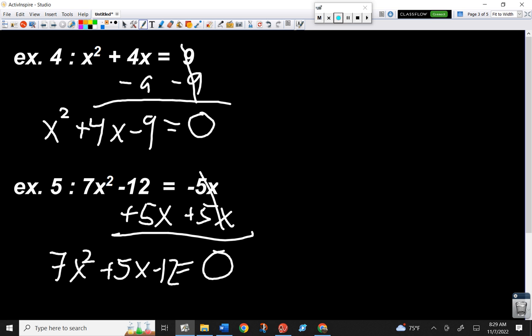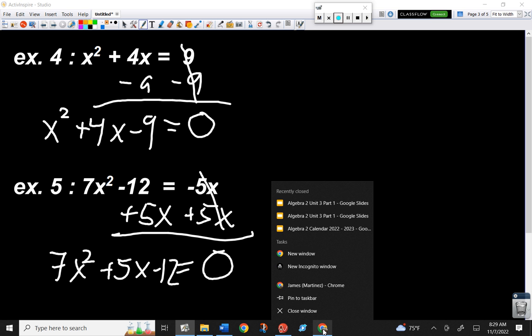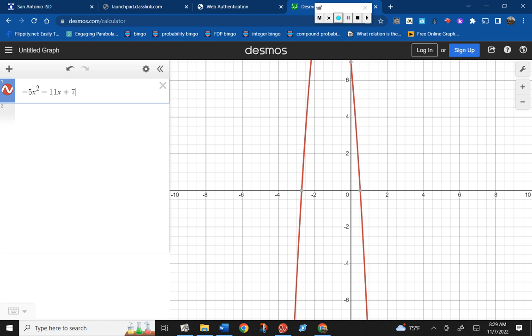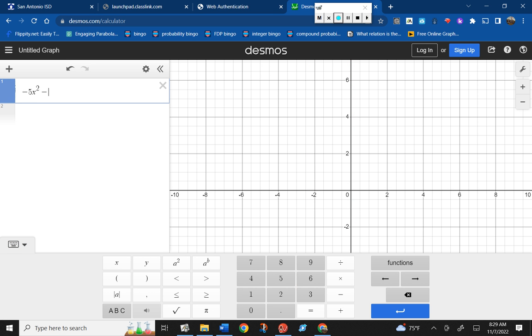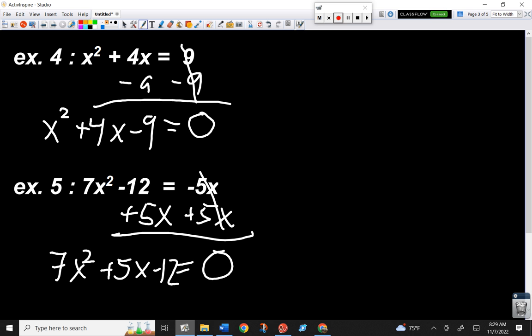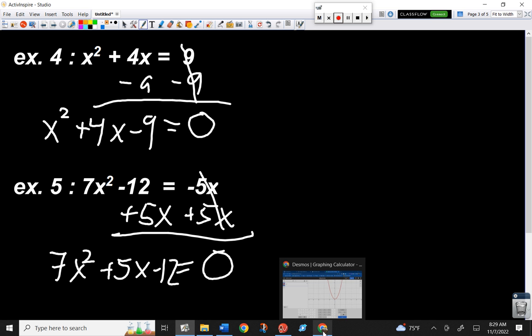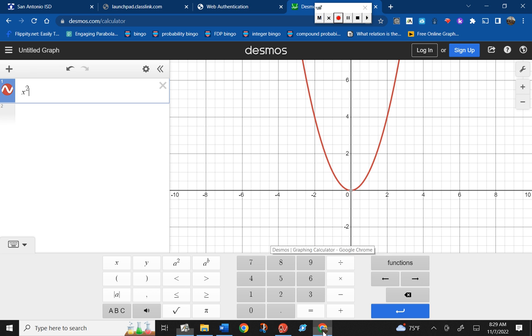All right. After you've paused, ladies and gentlemen, I'm going to go to Desmos first and do the first one. So the first one in Desmos wants us to put x squared. And I like doing Desmos because it transforms the equation right in front of your face. So plus 4 minus 9.